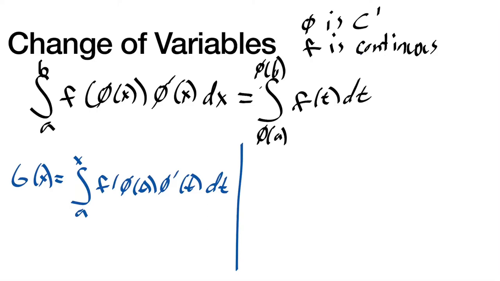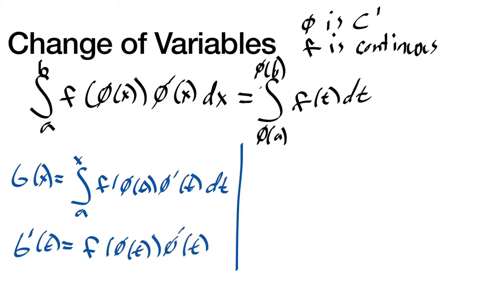And that's what's happening over here on the left. And what you'll notice is this is precisely what we had for the fundamental theorem of calculus a second ago. So if I take the derivative of it, I just get f of phi of t times phi prime of t. So that's what the fundamental theorem tells us.